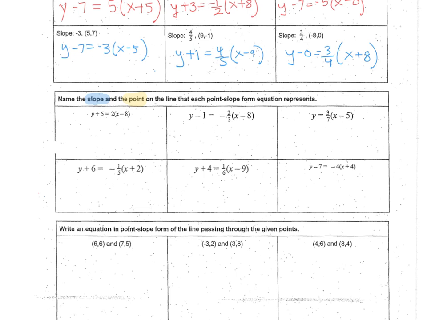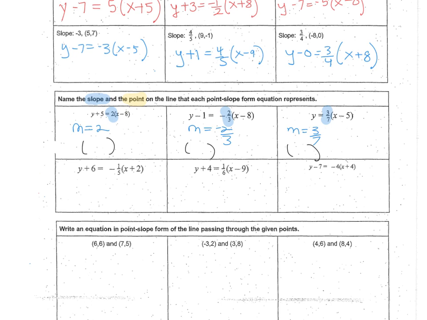The slope is always going to be between the equal sign and the parenthesis in point-slope form. So that means that my slope is 2 here, my slope is -2/3 here, and my slope is 3/7 here.